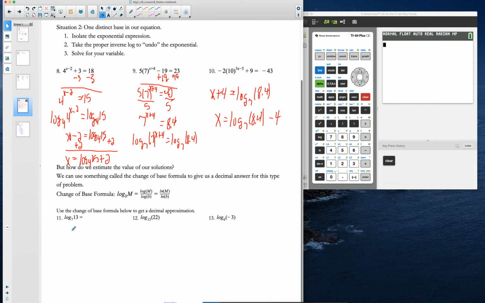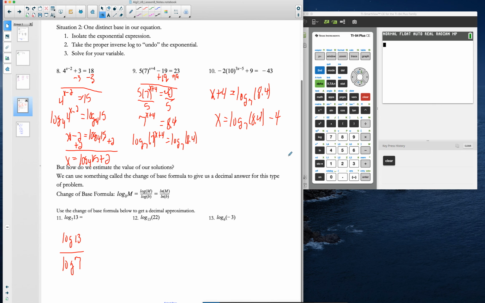So for example, if we have log base 7 of 13, and I want to know exactly what number that is, I would use my change of base formula, and I can say this is going to be log of 13 divided by log of 7. Just like that.